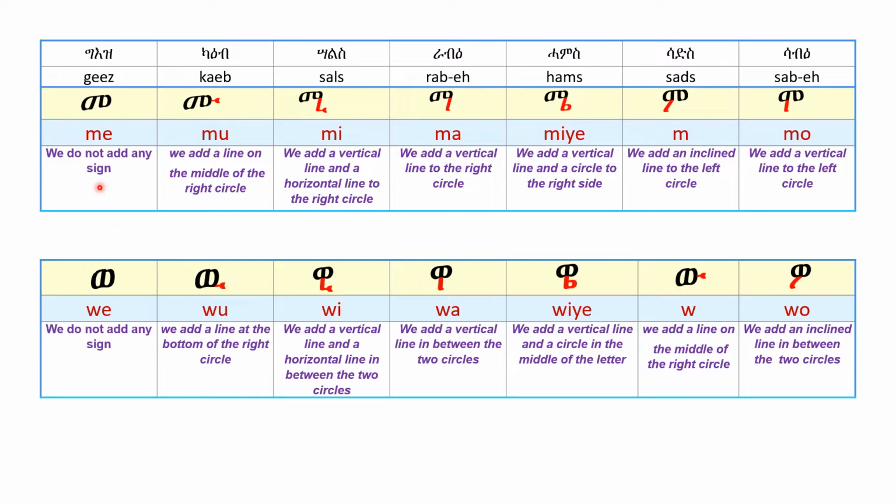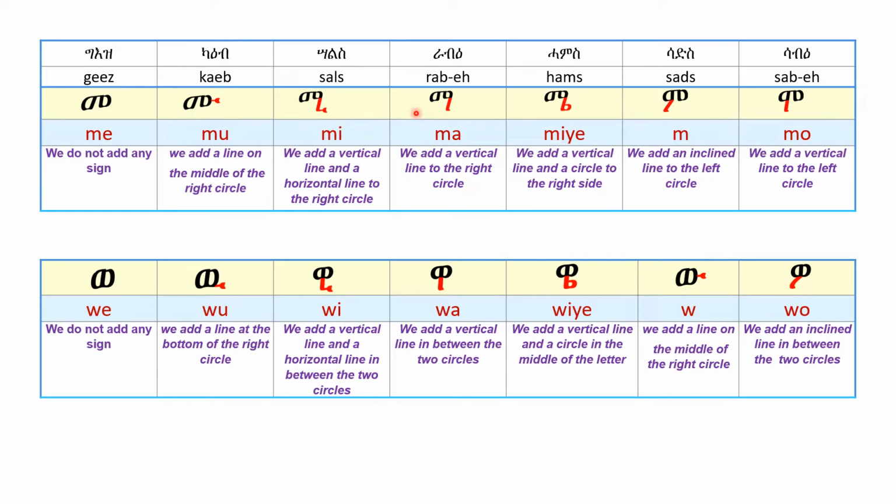Now let us see how we will put the signs to these 2 letters. Me. To the first row we do not add any sign. Mu. We add a line on the middle of the right circle. Mi. We add a vertical line and a horizontal line to the right circle. Ma.